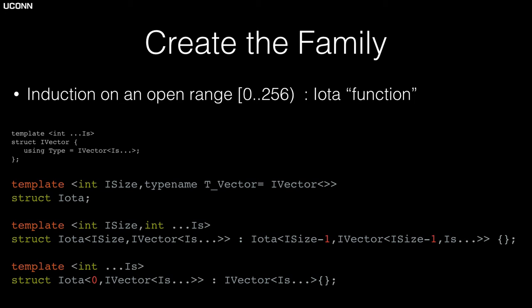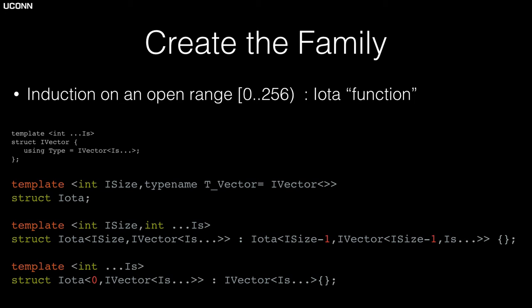Now, what about the second? I'm receiving a vector with a parameter pack, which is a sequence of values. And what I'm saying is that when I'm instantiating the next type in the hierarchy, it's going to contain an I vector with I size -1, and then I take my parameter pack and I extend it. Which means that whatever parameter pack you gave me, I'm going to stick another value in front.